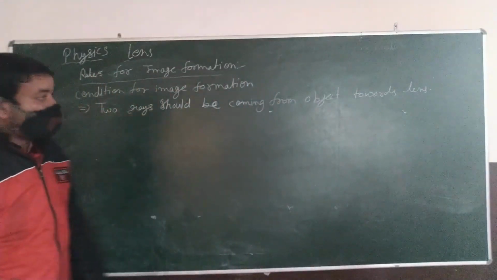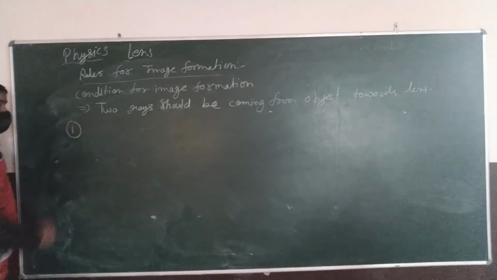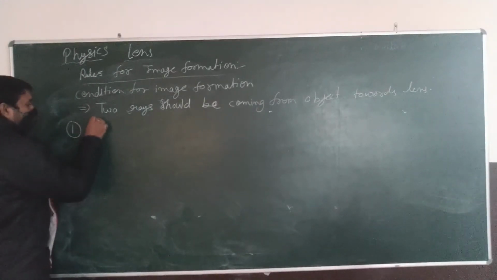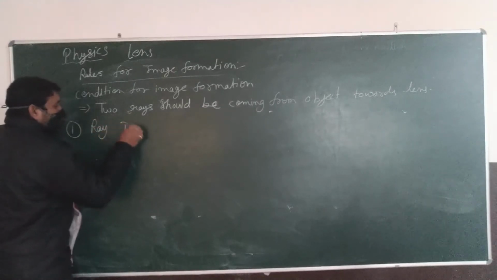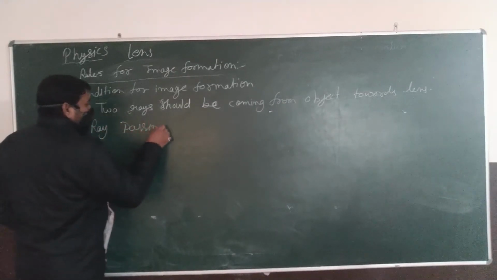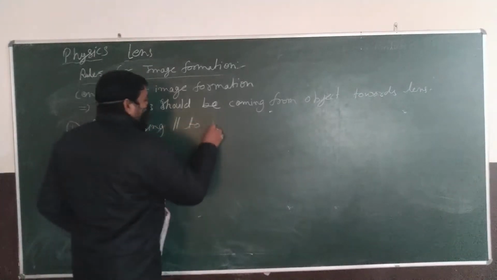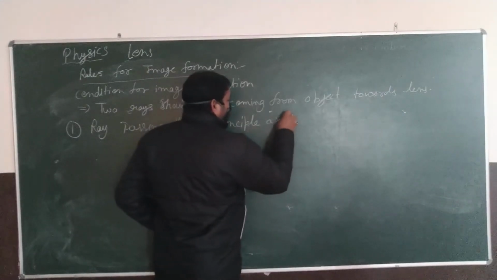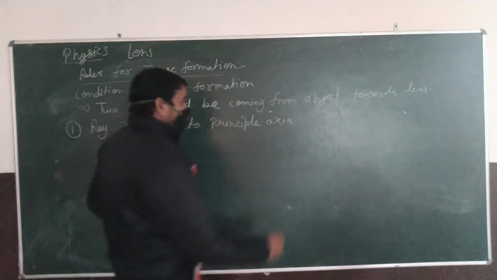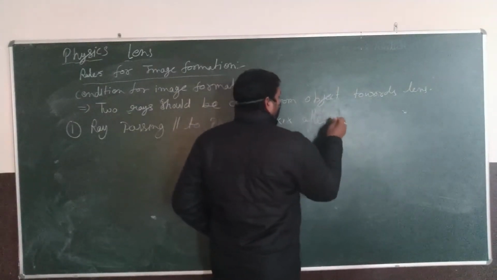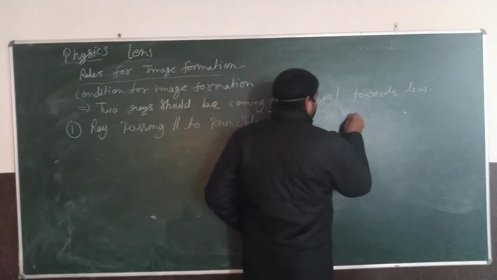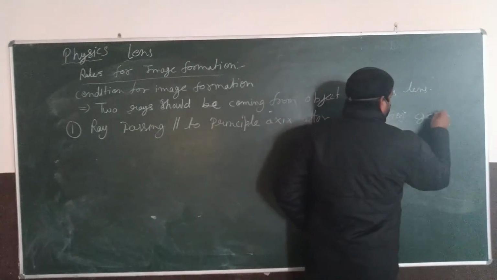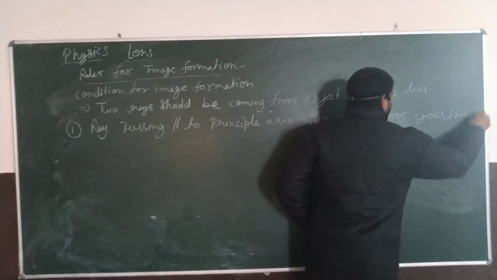Whatever kind of lens. Now, the first rule is that the ray which is traveling parallel to the principal axis, after refraction goes through the focus.